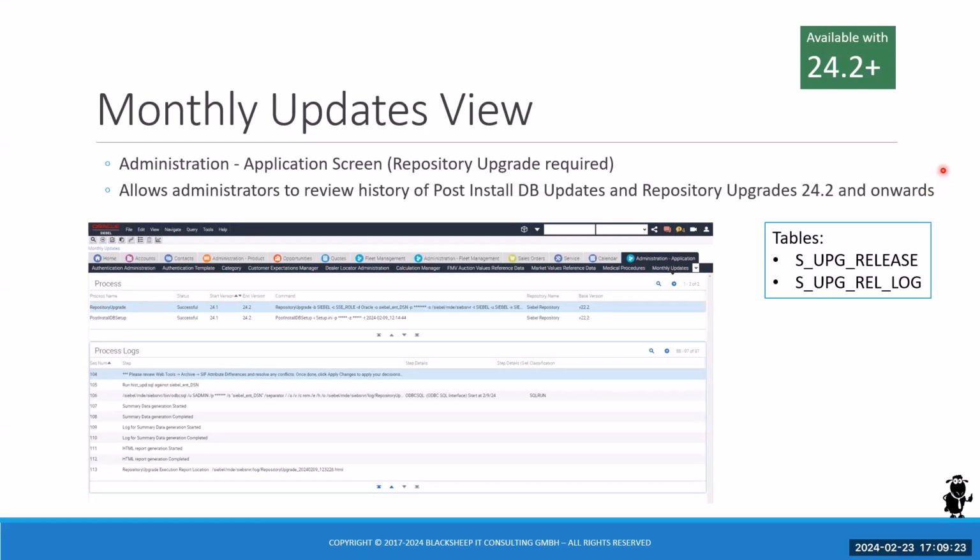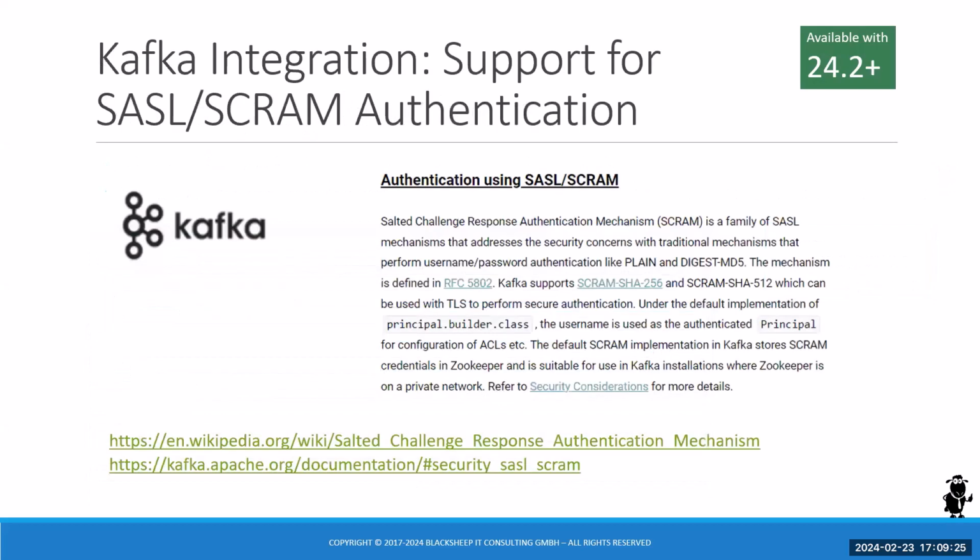Right, no questions. Cool. So let's check the other feature for 24.2, or it's not a feature really, it's just more or less added to the bookshelf guide, that you can now establish the authentication for the Kafka integration, which was introduced in 23.6, the event publishing and subscription.